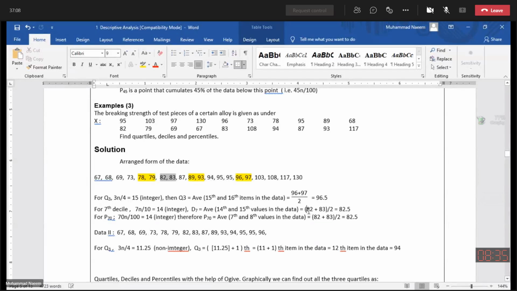So for D7, the average of 95 and 96 is 95.5, the required seventh decile.